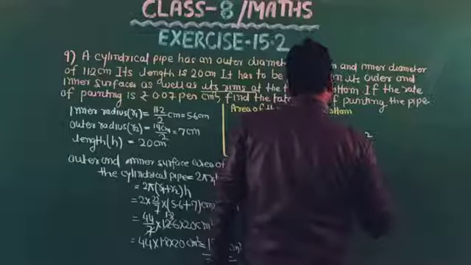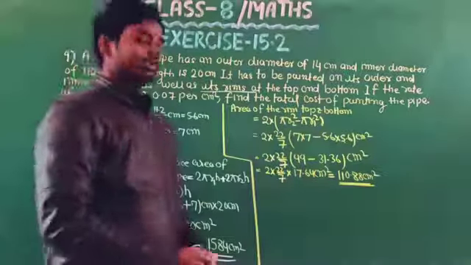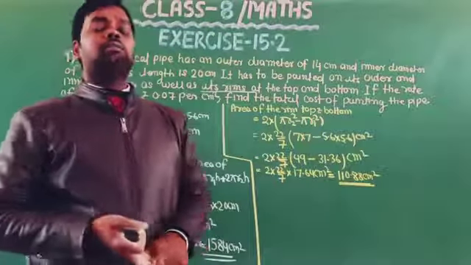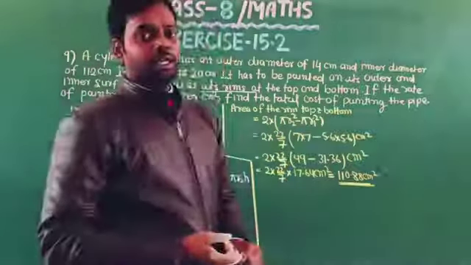This is the total area of the ring, that is top and bottom of the cylindrical pipe.